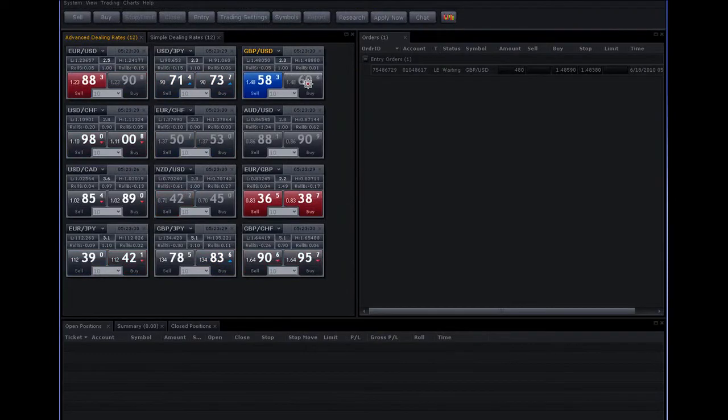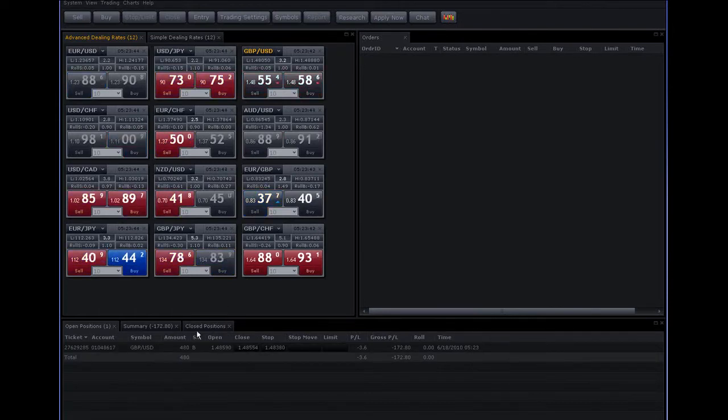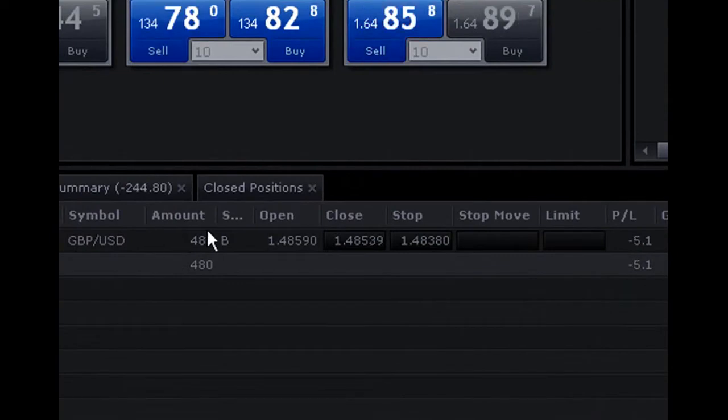So we just need this to go to a 5.9. It's at 60 right now. It's at 5.9.6. Just need to, there you go. We just got in when it went down through 5.9, and so we're in for a long at 1.4859. Our stop is at 1.4838.